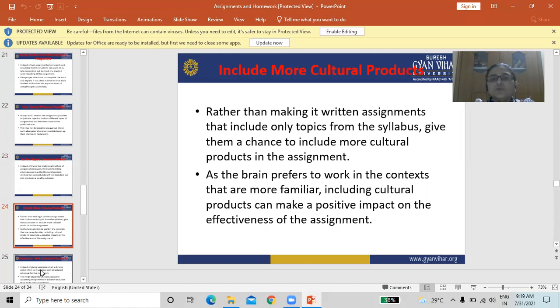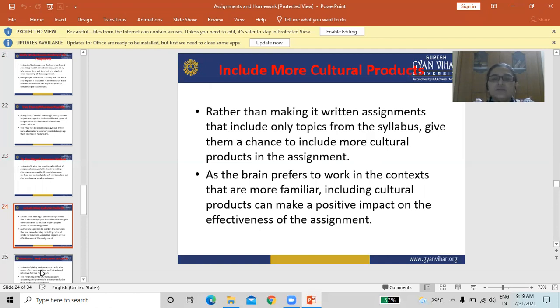Include more cultural products rather than making it a written assignment that includes only topics from the syllabus. Give them a chance to include more cultural products in the assignment.